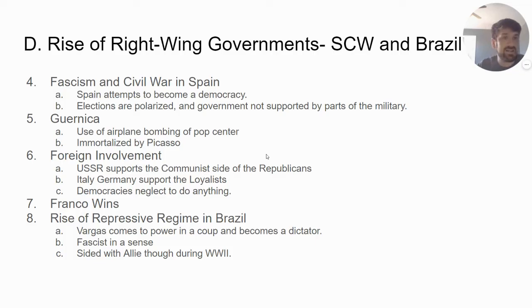Another event that the book highlights, it's interesting that they did, is Guernica, which is an example of contemporary technology. It's one of the first uses of mass airplane bombing of a population center, to the extent that we're going to see in World War II.